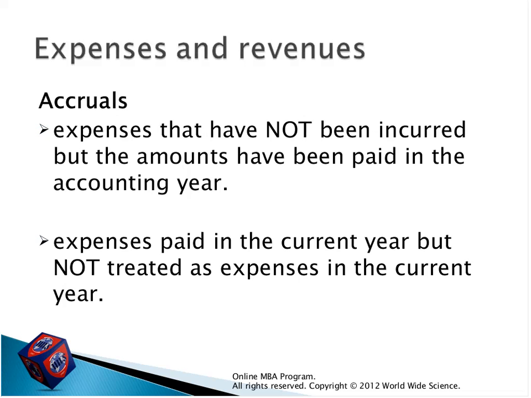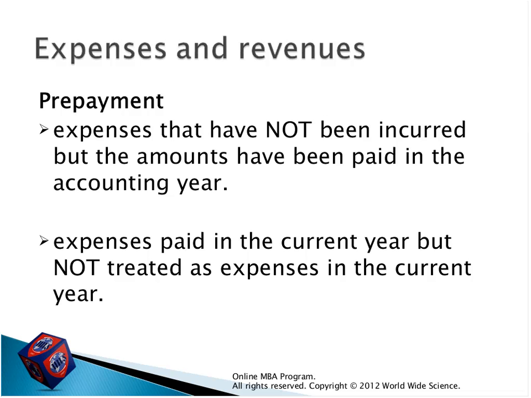We also have an expense called prepayment. This is an expense that has not been incurred, but the amount has been paid in the accounting year. For example, we have made an advance payment in cash, such as paying an advance on salary to our staff before the end of the month, say December.